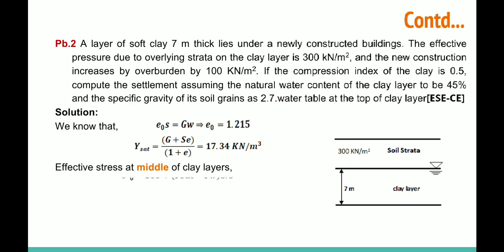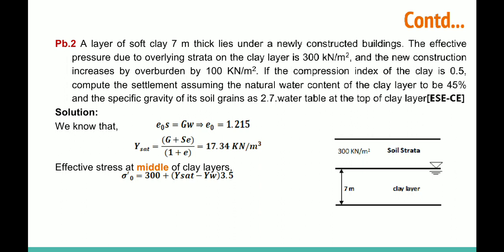So we can calculate the initial effective stress at the middle of the clay layer, that is 300 plus. What is 300? 300 is the effective pressure applied due to the overlying strata, and then we have to add the weight of half the thickness of the clay layer, and that clay layer is in submerged condition because the water level is at the top of the clay layer. So the submerged unit weight we can calculate as gamma saturated minus gamma w. We have calculated gamma saturated, that is 17.34.